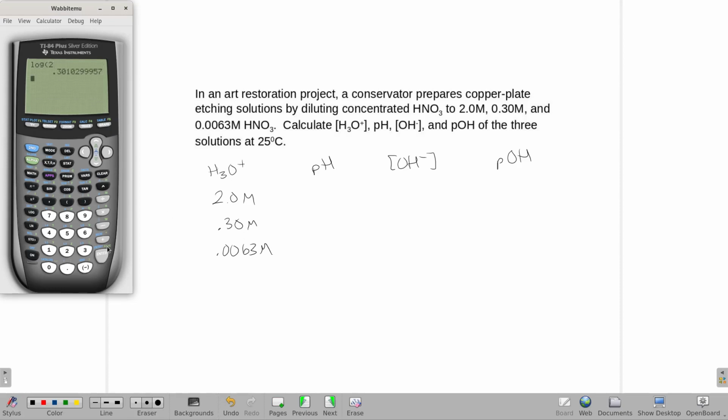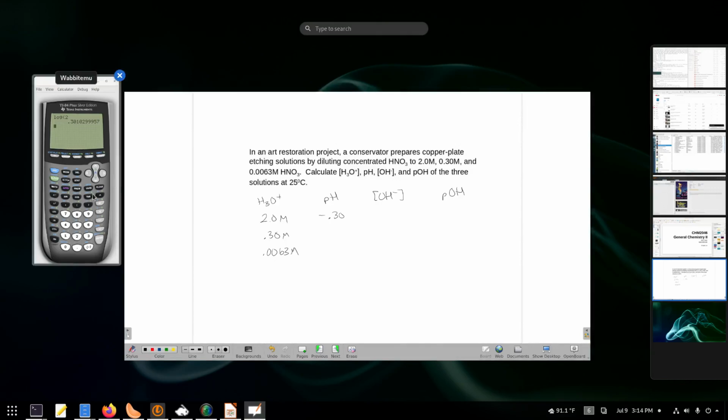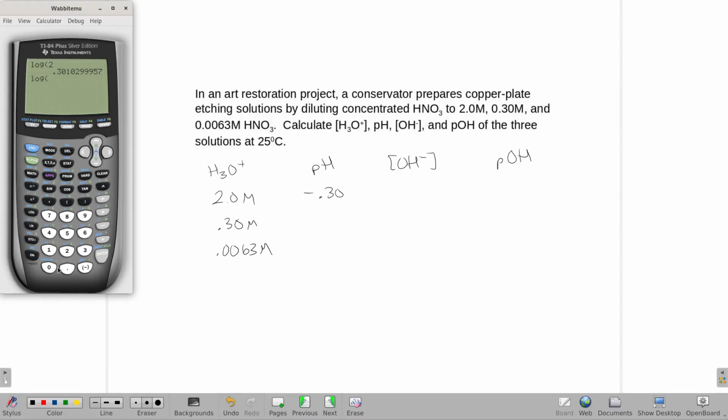So pH here is negative 0.30. pH here is 0.52.